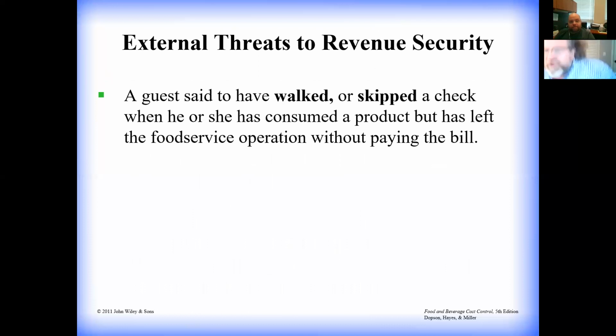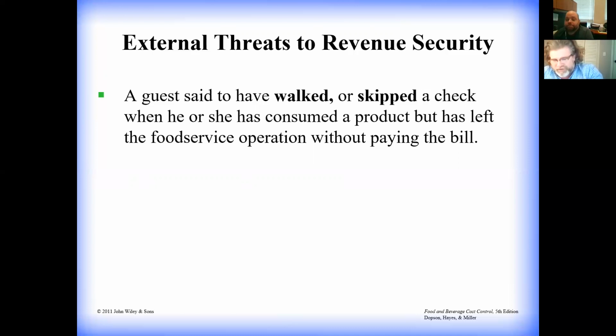So I said that most of what occurs is happening internally. It's your employees doing it, but not always. The most basic level of external threat from your guests is if somebody doesn't pay. If somebody walks or skips on a bill, the dine and dash, that's the first security question.